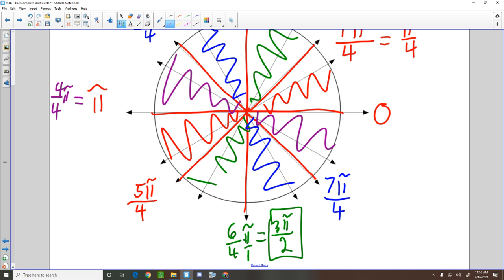Last thing, if I add that last one, well, if I had 7 slices, I'm adding an 8th slice. So this last one would be 8 slices of pi out of 4. But what is 8 divided by 4? That's just 2. So this is actually 2 pi. Is that what we should have gotten when we went all the way around the circle? 2 pi? Absolutely. It's 2 pi radians.